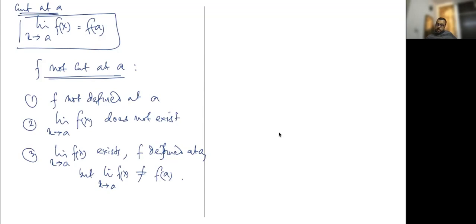So either the right hand side does not exist, which is one here, or the left hand side does not exist, which is number two here, or both sides exist but they are not equal. So those are different ways in which f can fail to be continuous.